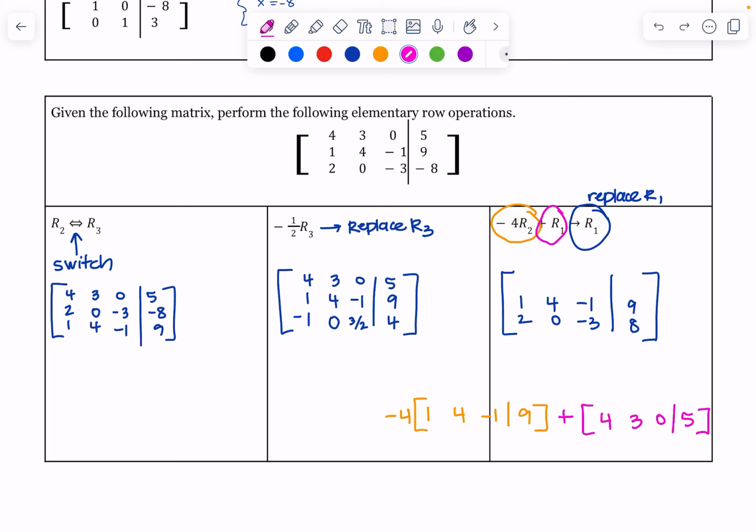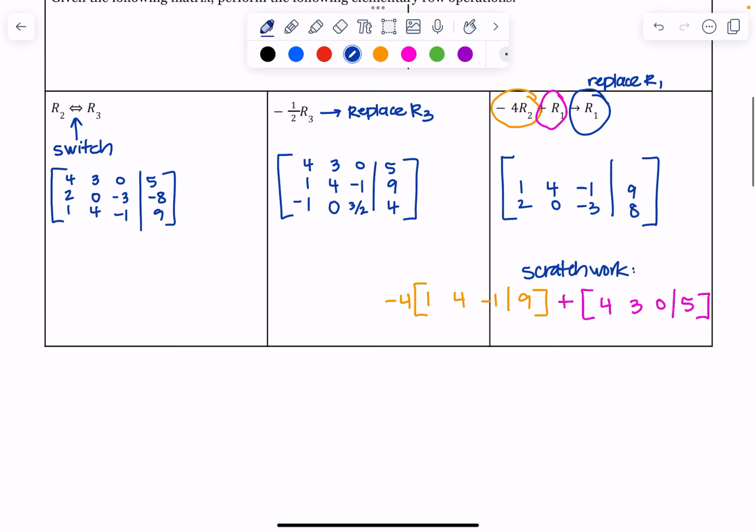Okay, so when I do this, again down here, I'll label it scratch work down here. When I do this, I'm going to have -4, -16, +4, and -36. And we're adding that to row 1, 4, 3, 0, 5.